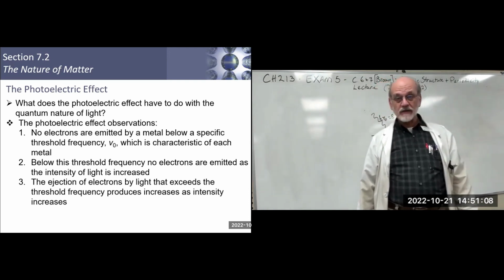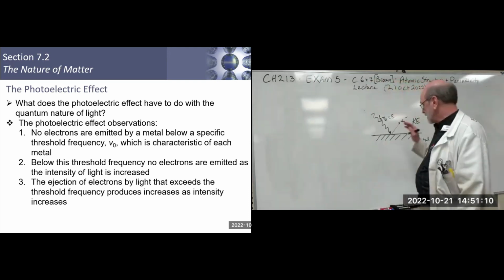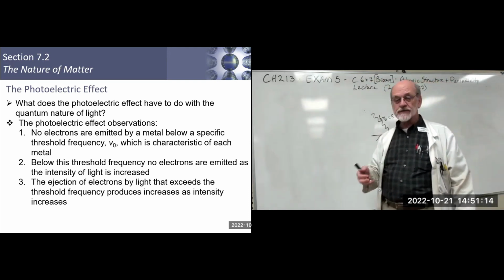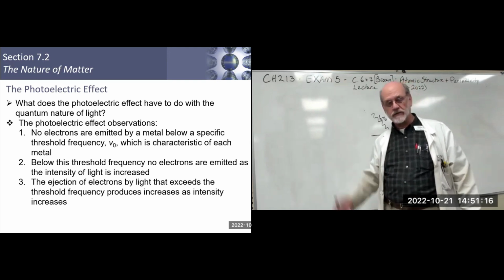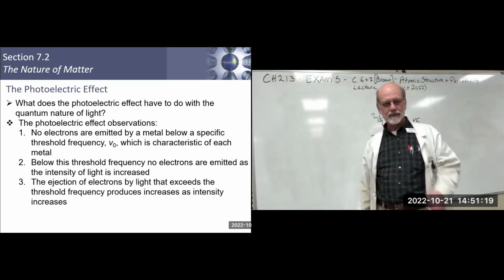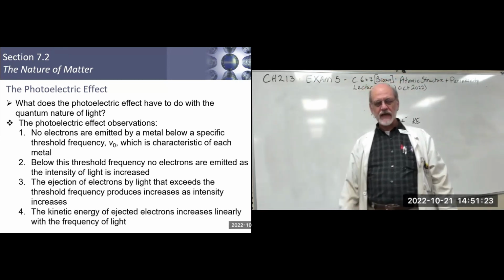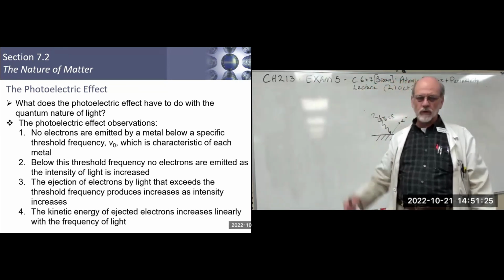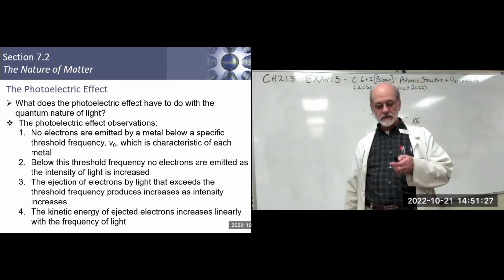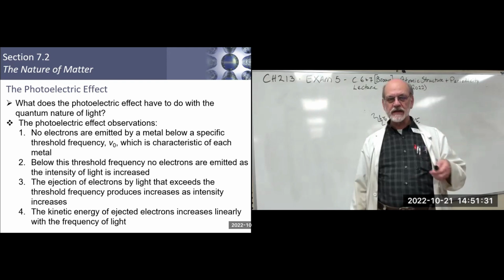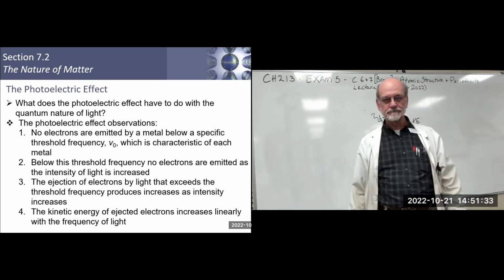But as it turns out, once you've met that threshold frequency, the more intense beam, all it does is eject more electrons. And number 4 says what I said before. Any leftover energy beyond the threshold is translated into kinetic energy for the electrons.